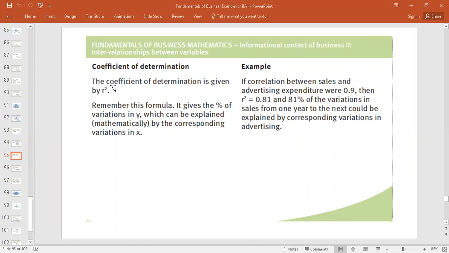The coefficient of determination is given by R square. So what does it talk about basically? See, it gives the percentage of variations in Y which can be explained by the corresponding variations in X. If we have to find out the percentage variation in the variables, then R square is what we have to calculate.